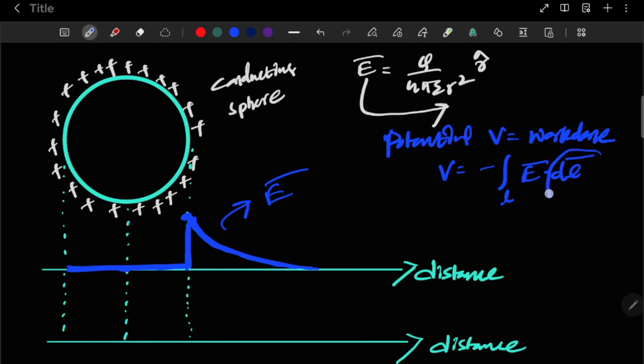That means here distance is there. So how much distance the charge is moving, that much amount of work done is there. That much amount of potential is there. So if the charge is traveling more distance, then more work, more potential will be there. If the charge is traveling very less distance, then less work, less potential.